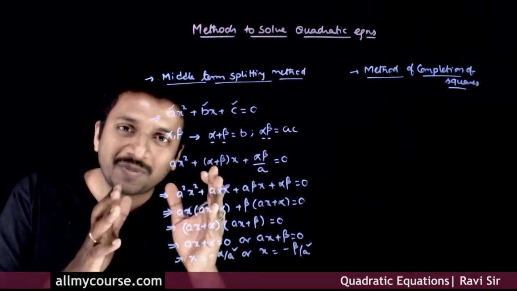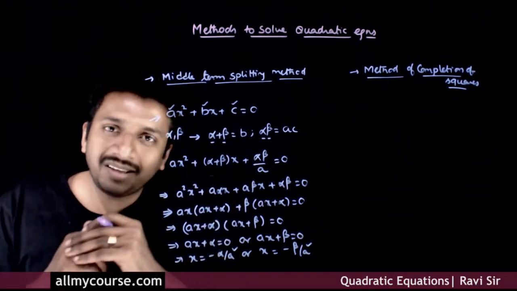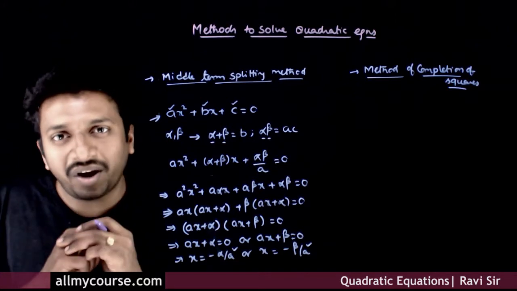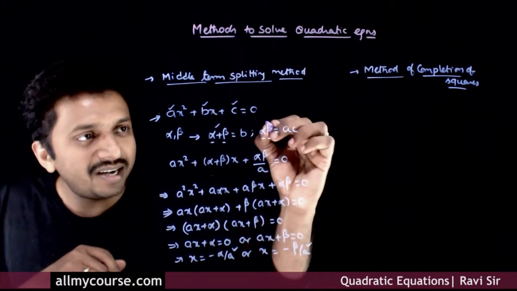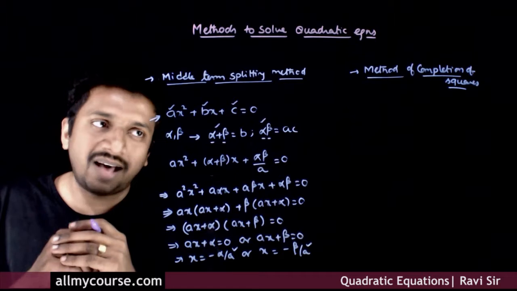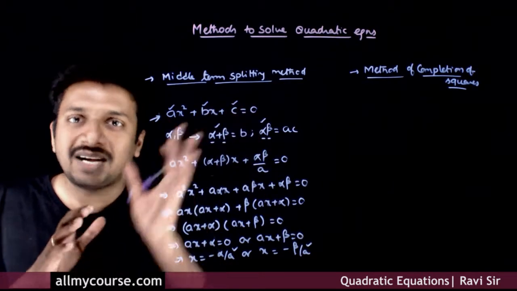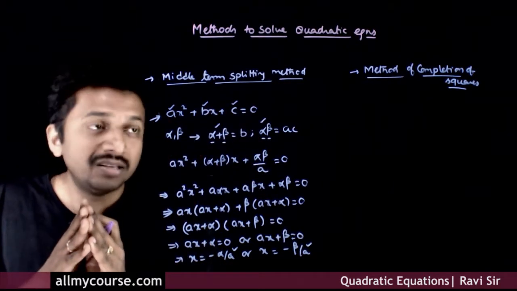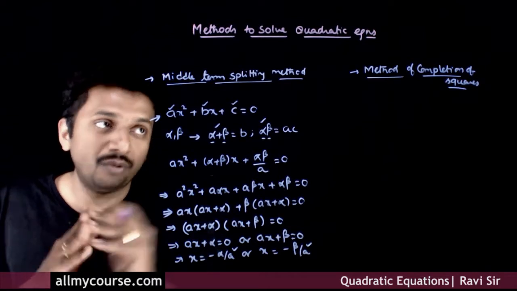And in this method, you can very easily solve the equation provided you are able to find two numbers alpha and beta which satisfy this condition. So let us take some examples of how we apply this.